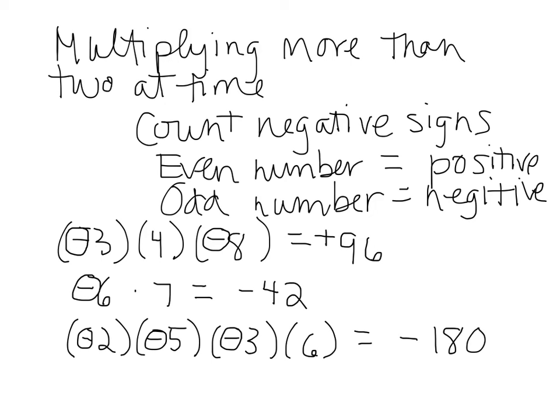This makes perfect sense for one thing that we're going to be doing tomorrow. If I say -2 to the third power, we know an exponent means to multiply this by itself that many times.